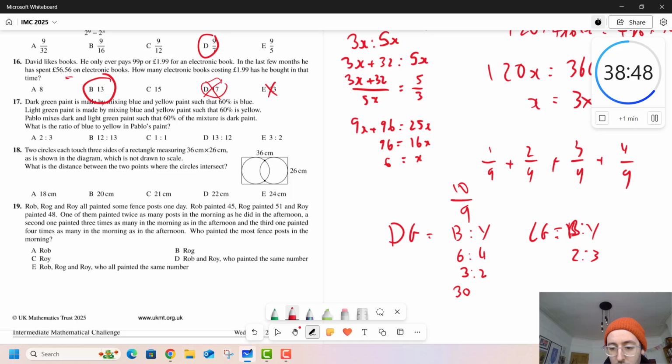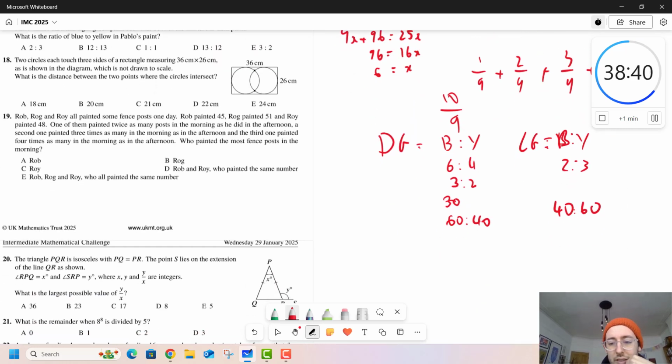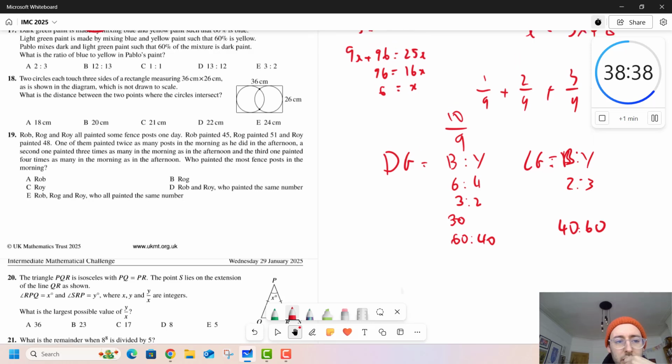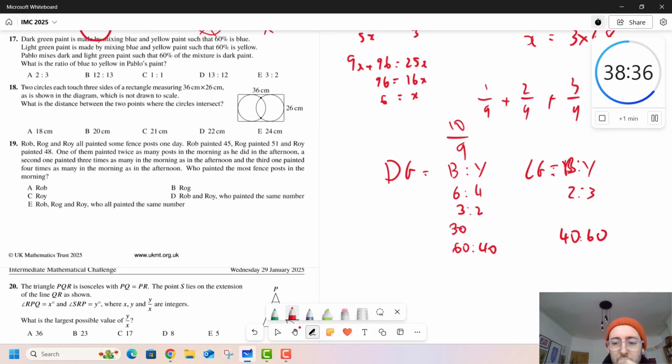So, okay, we've got 60 to 40, and we've got 40 to 60. And we're going to mix that together such that 60% is this. So the ratio of that to that is 3 to 2, so it's 1.5 times more of this than this.